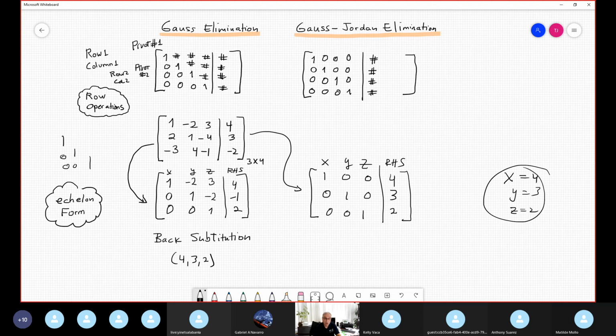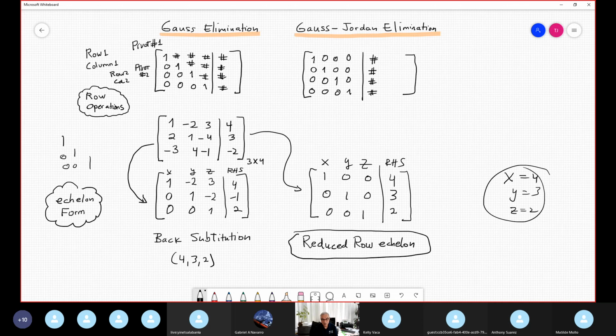Okay, I know that you have a lot of questions because you don't know what row operations are. This matrix is now called reduced row echelon. It's the name.